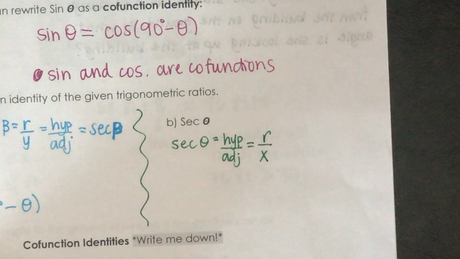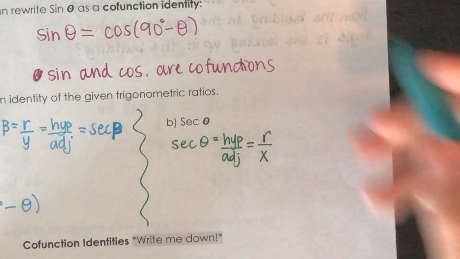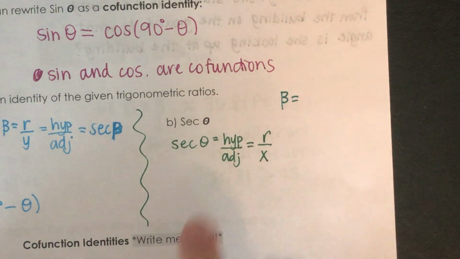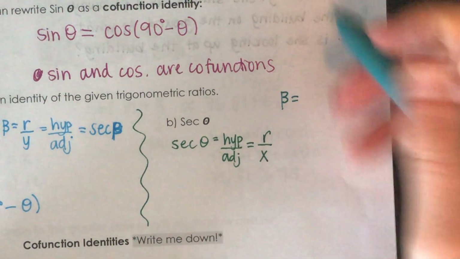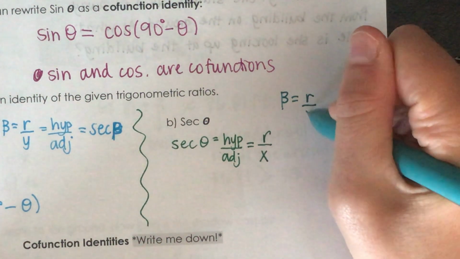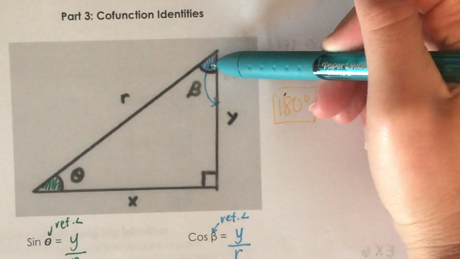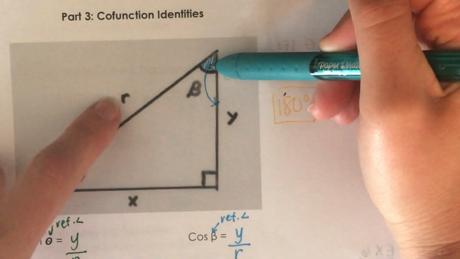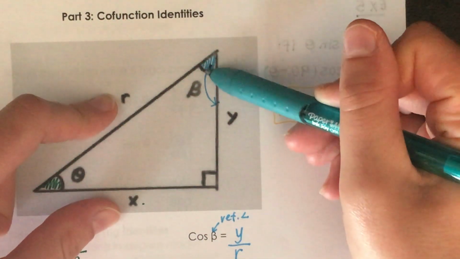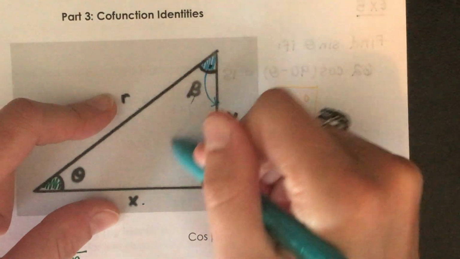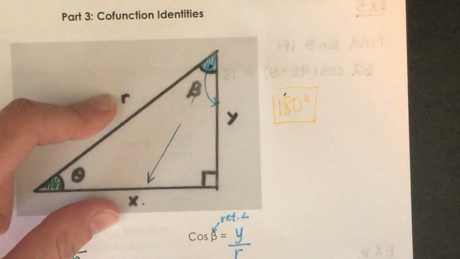Now I have to look at my beta. When I'm looking at my beta, I want it to be the same ratio. I want it to be r over x. Now, looking from this beta, r would be the hypotenuse. x would be the opposite.